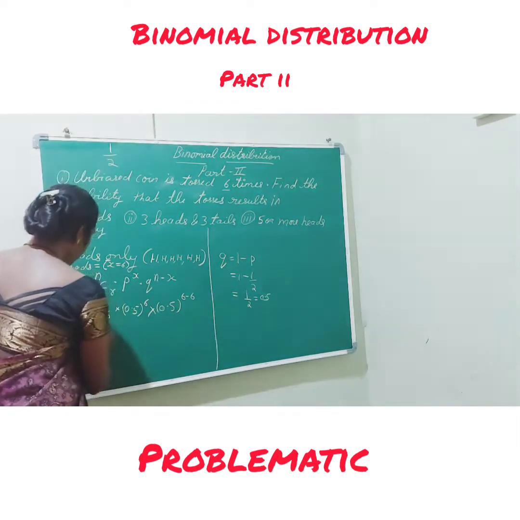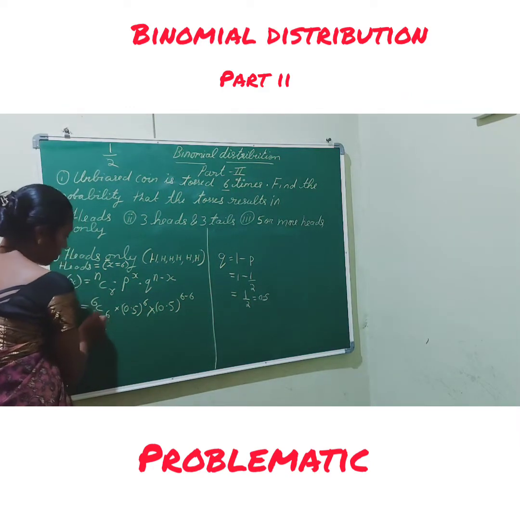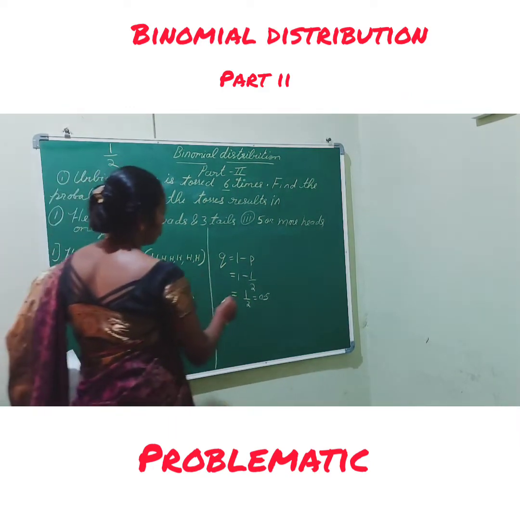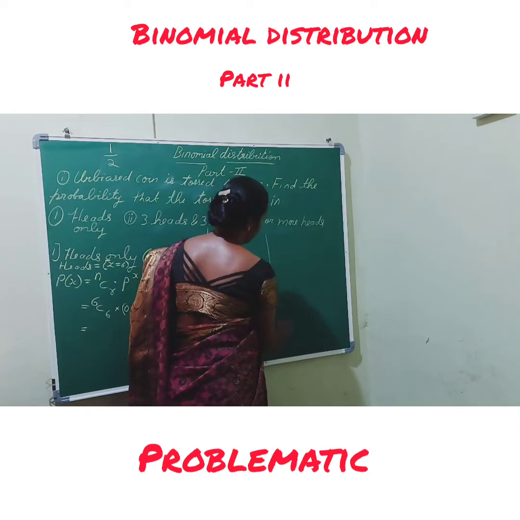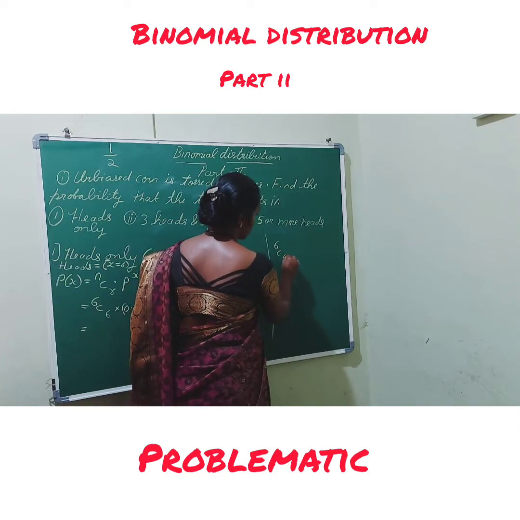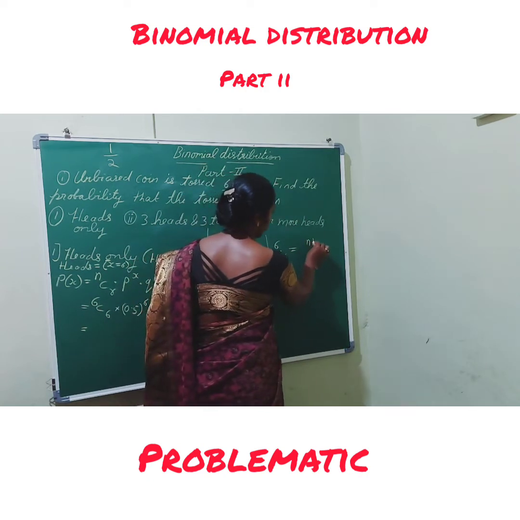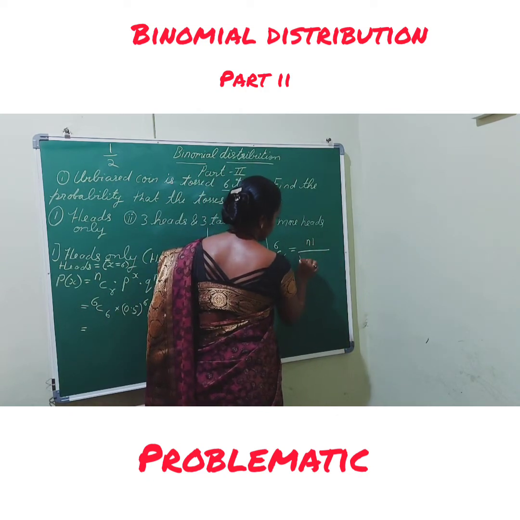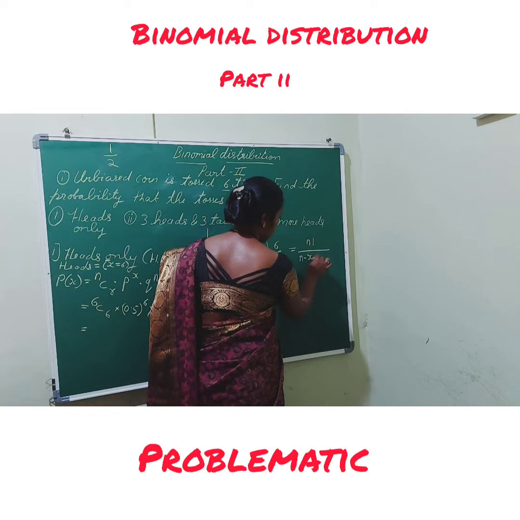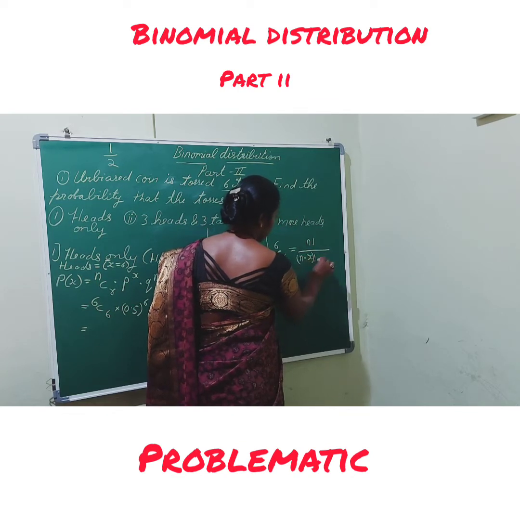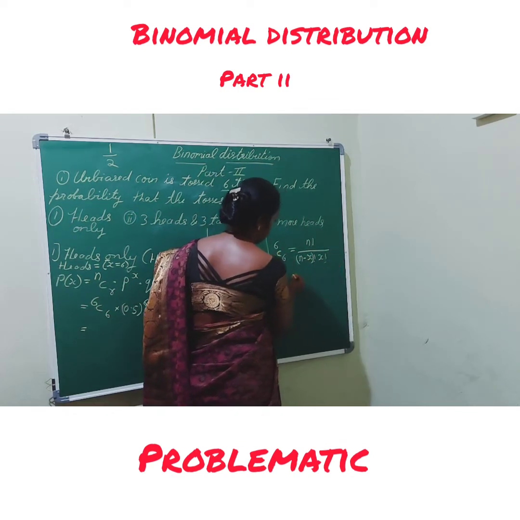Now first we have to solve this. It has one formula, which is nothing but combination. 6C6. C is combination: n factorial, divided by n minus x factorial in brackets, and again x factorial.